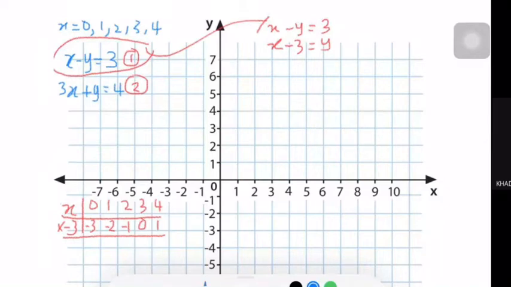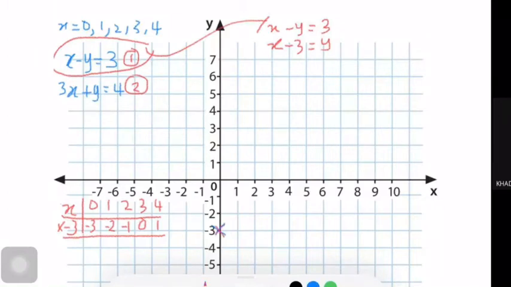So coordinate 0, negative 3 is here. Ini pakai merah lah.